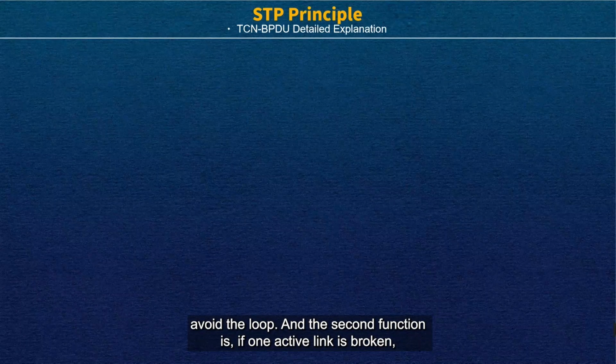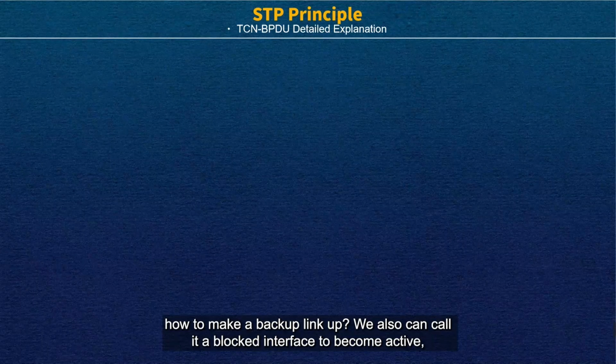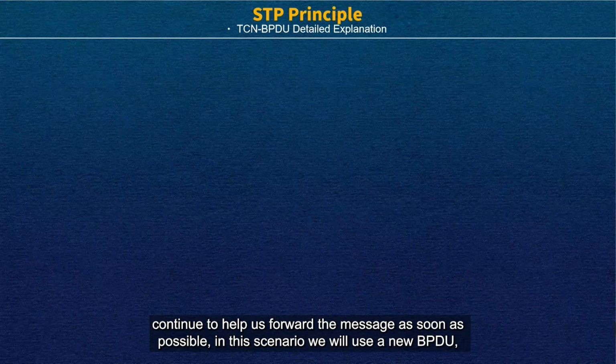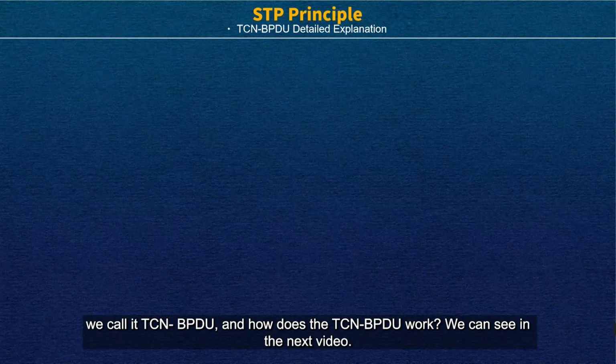And the second function is, if one active link is broken, how to make the backup link, which we can also call a blocking interface, become active and continue to help us forward the message as soon as possible. In this scenario, we will use a new BPDU. We call it the TCN BPDU. How the TCN BPDU works, we can see in the next video.